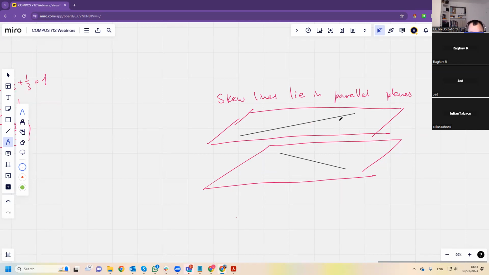So this is plane alpha and this is plane beta, and this is line L and this is line M. You need to find another line which is parallel to L but lies in that plane.